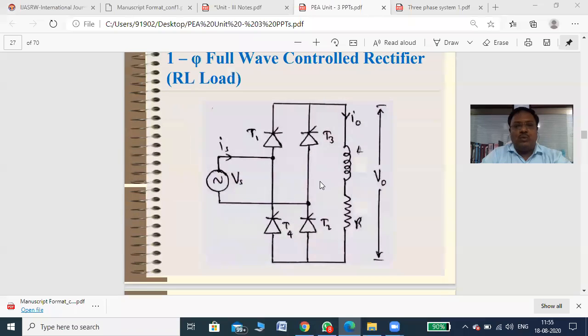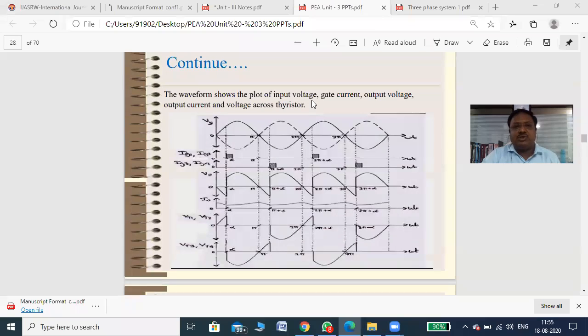See these waveforms again. Here the alpha is less than 90. With the inductive load, why is an inductor used with a high value? Because we require continuous load current. Continuous load current is possible only with an inductive load, and at the same time the value of that inductor should be as large as possible, so that you will get a continuous load current.